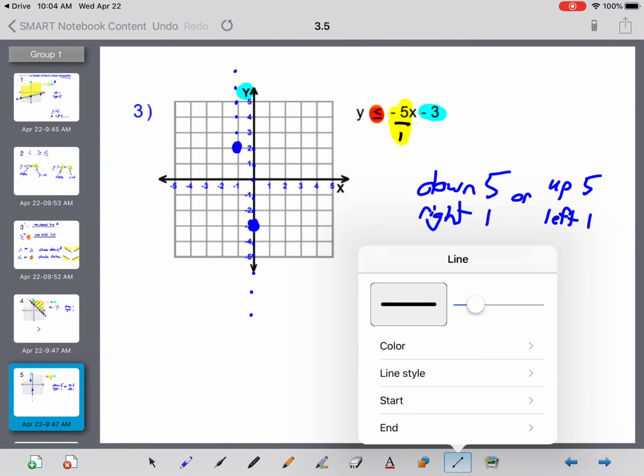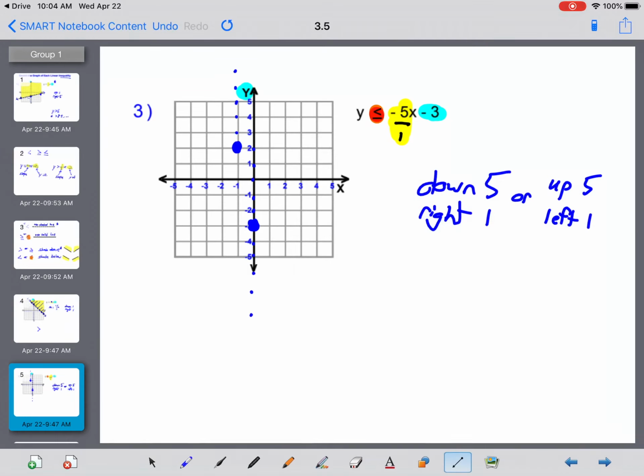We are going to use a solid line to connect our points, and shading below. Now shading below could be tricky. Put your pen on the point and go directly down. This is the side of the line we must shade.